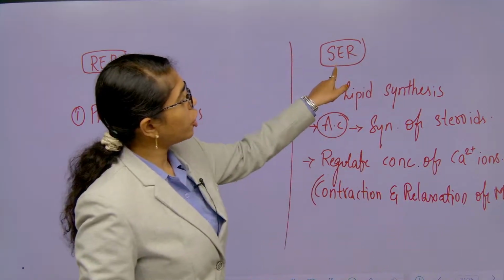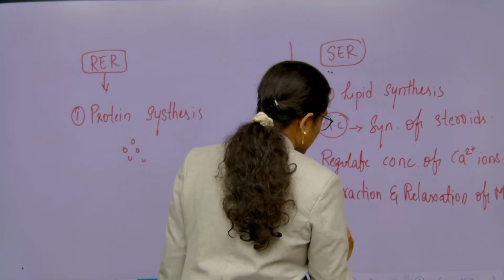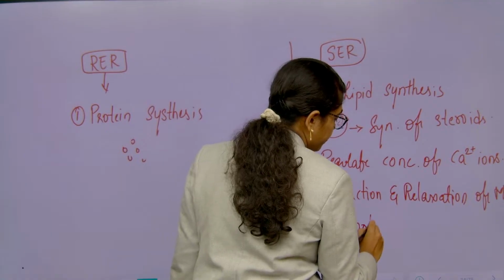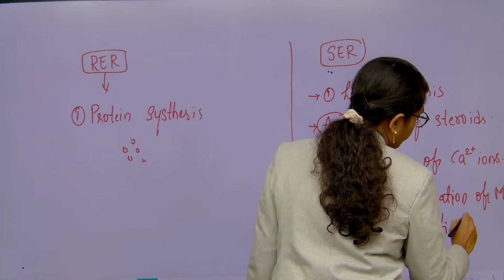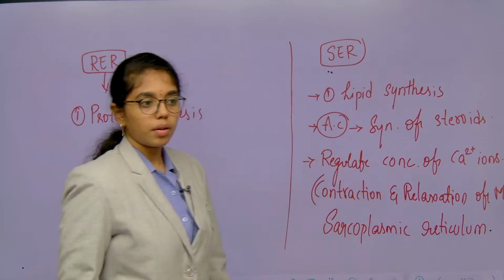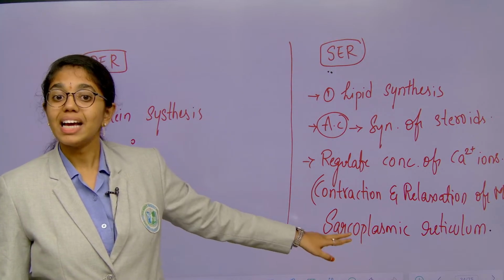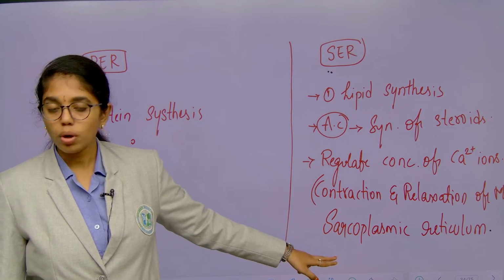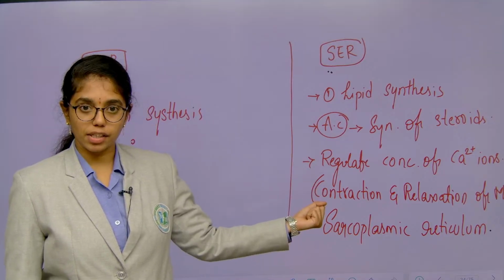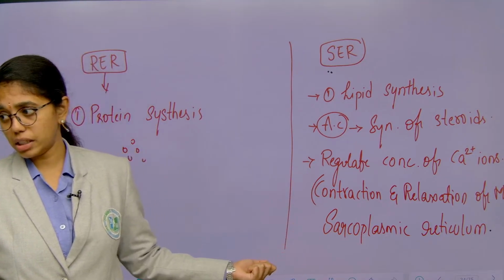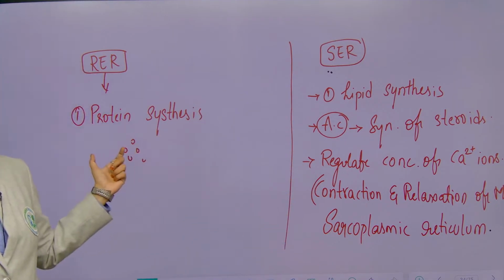So, those smooth endoplasmic reticulum structures which are present in the muscle cells are known as sarcoplasmic reticulum. Got it? Smooth endoplasmic reticulum present in the muscle cells is known as what? Sarcoplasmic reticulum. What does it do? It will regulate the calcium ion concentration, which will aid in contraction and relaxation of muscle cells or muscle tissues. Got it right? These are the functions of SER and this is the function of RER.